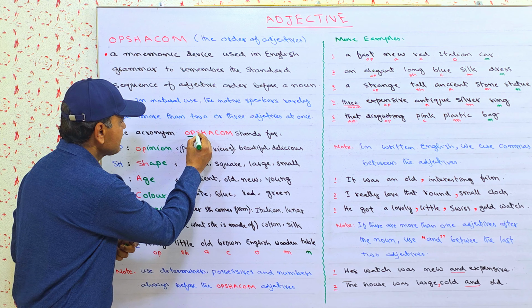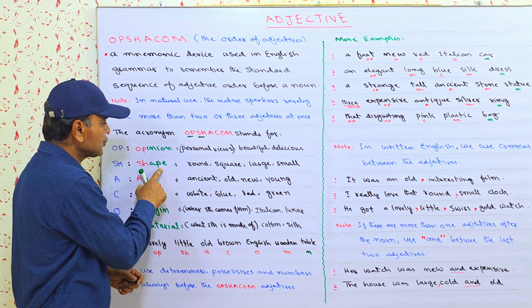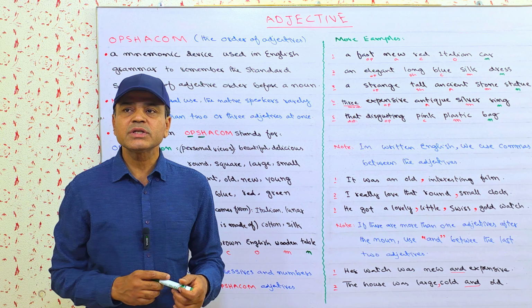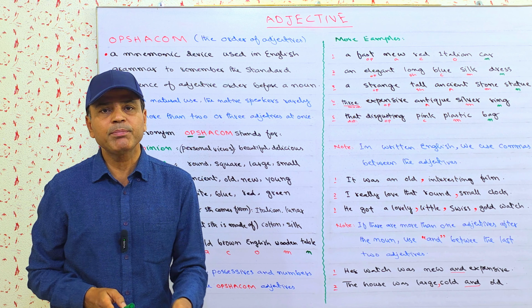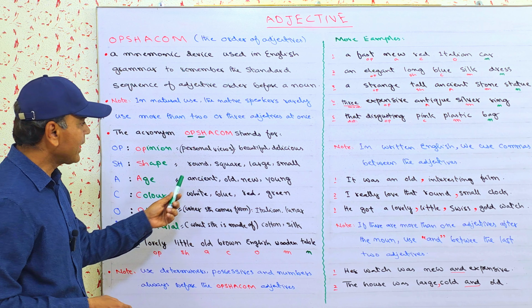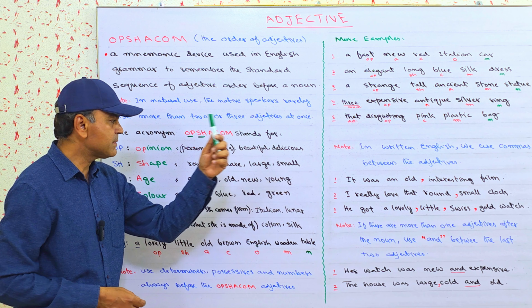Then SH stands for shape. There are some adjectives which tell us the shape of the noun. So we use those adjectives after the adjectives that show opinion, like round, square, large, small.